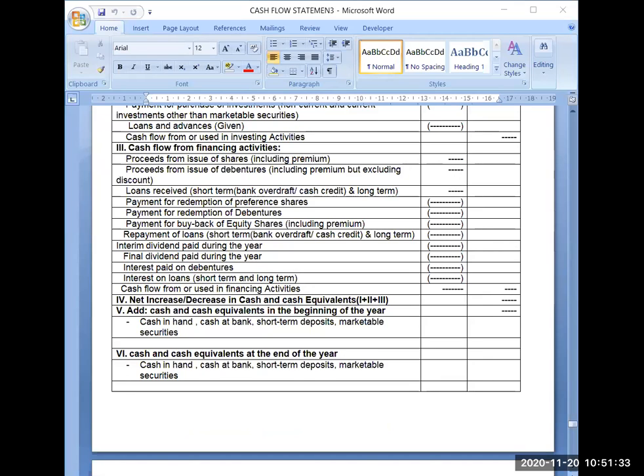Then we get the net increase or decrease in cash and cash equivalents. To that net increase or decrease, we add the opening balance of cash and cash equivalents, and after adding the opening balance, we should get the closing balance of cash and cash equivalents.